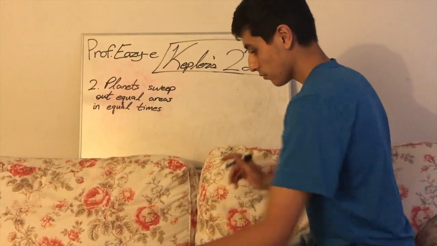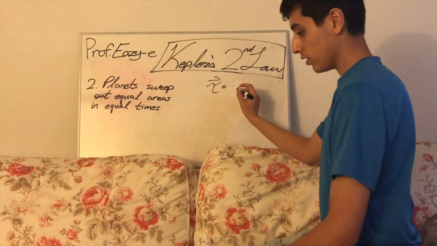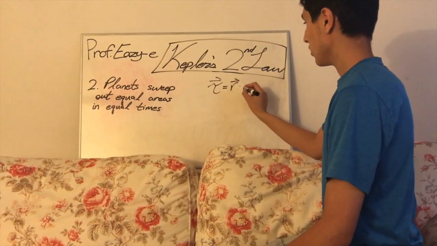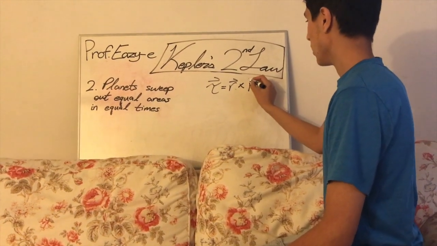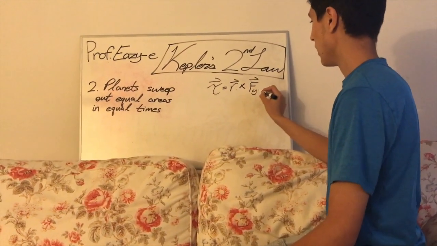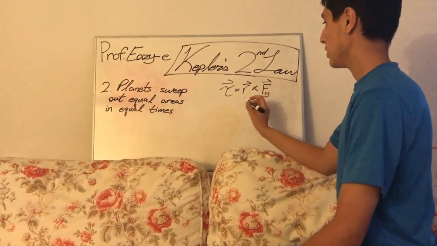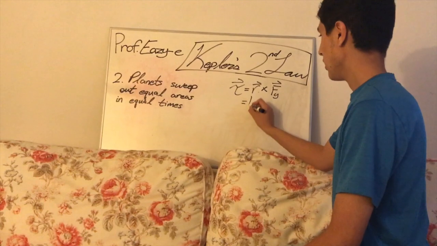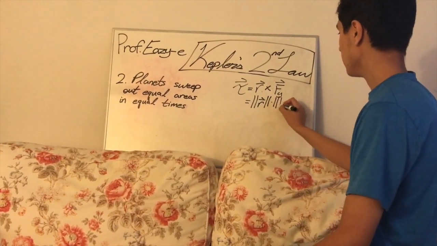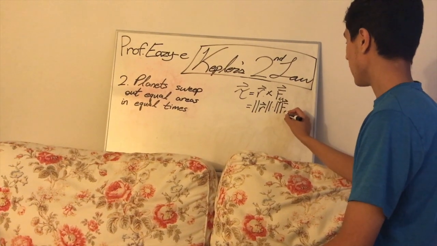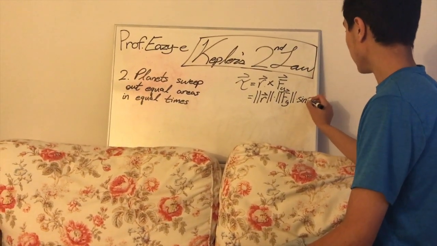We know that torque is equal to the position vector r cross the gravitational force, Fg in this case. We can also represent the cross product by this formula: the magnitude of r times the magnitude of the force of gravity times sine theta.